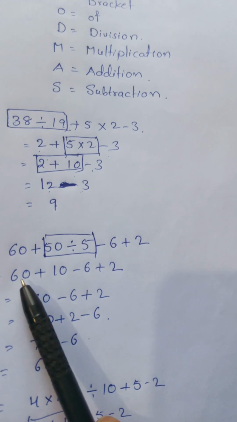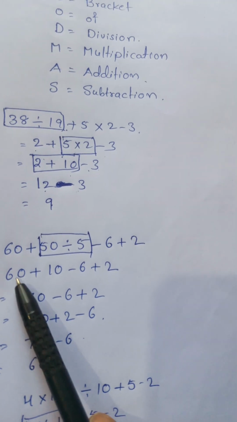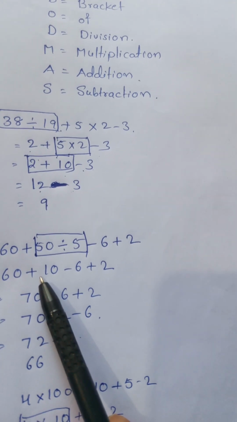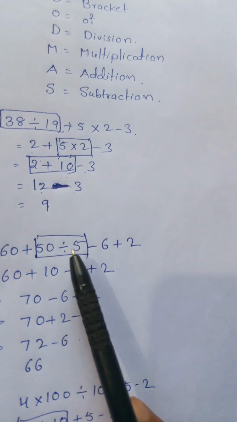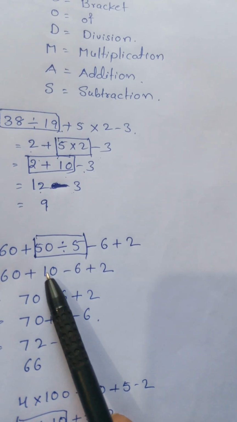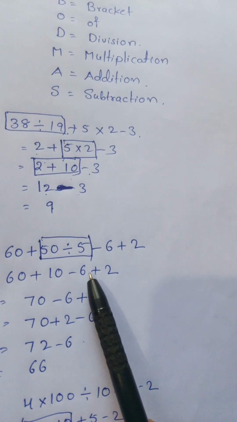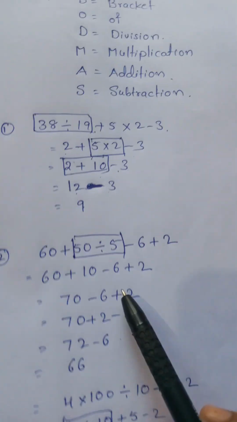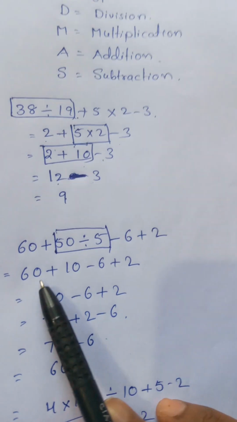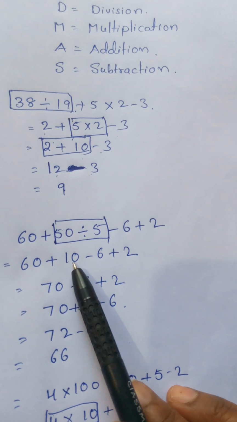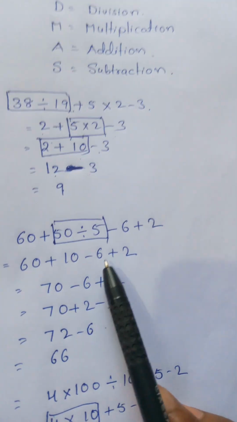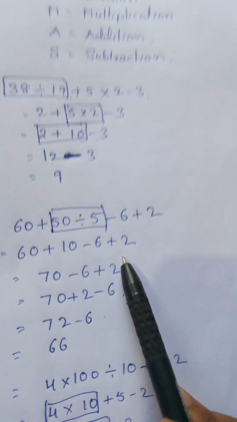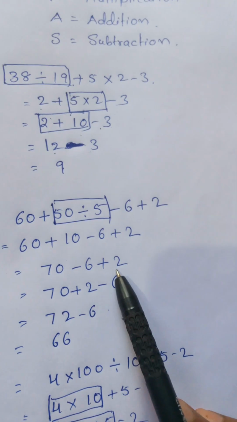Then remaining as it is: 60 plus 50 ÷ 5, we get the answer 10, minus 6 plus 2. Then 60 plus 10, how much? 70. Minus 6, plus 2 as it is.